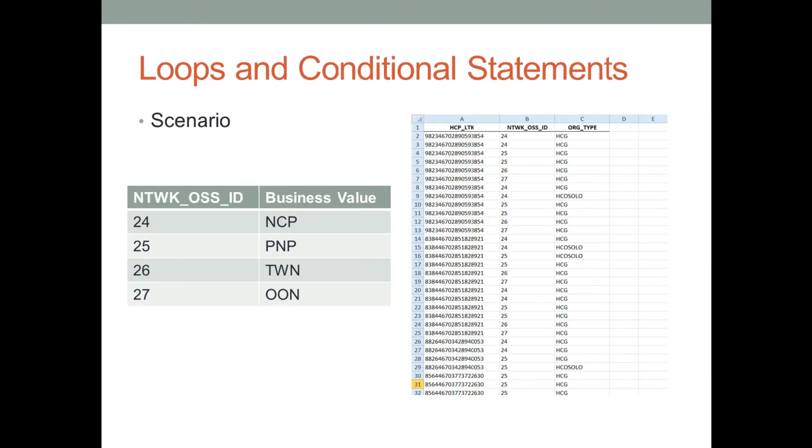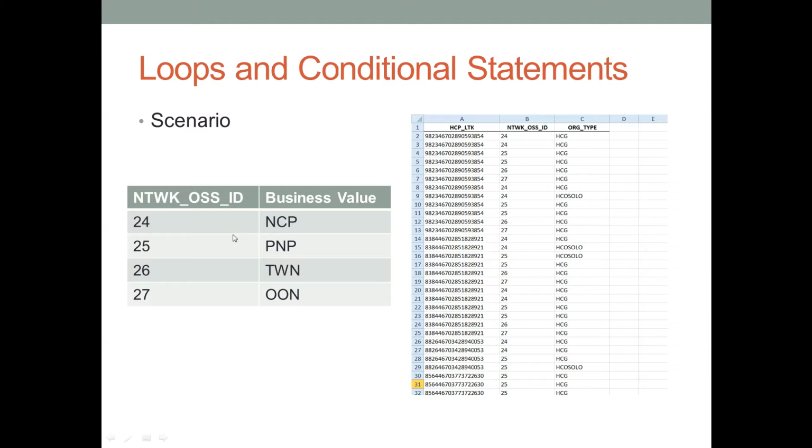So let's look at a scenario to give us context. Let's imagine that we have a data set here, and this data set needs to be transformed based on this crosswalk right here. You can see we have this network OSS ID and these values, and we have a column here called network OSS ID with a bunch of those values going down.